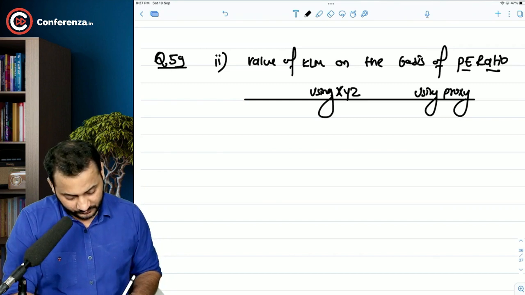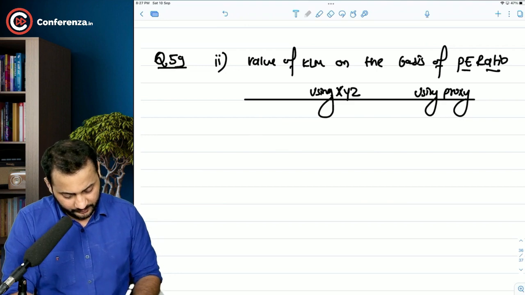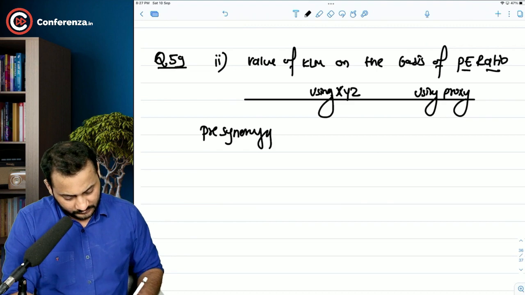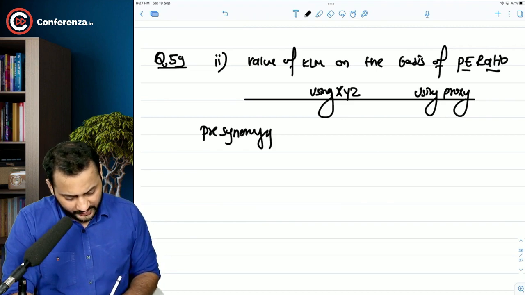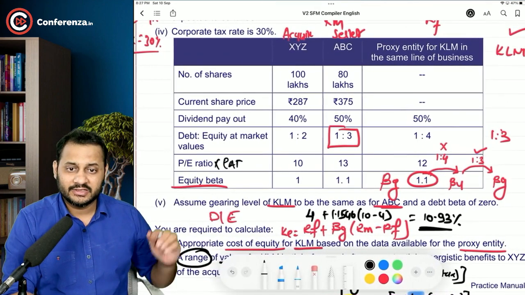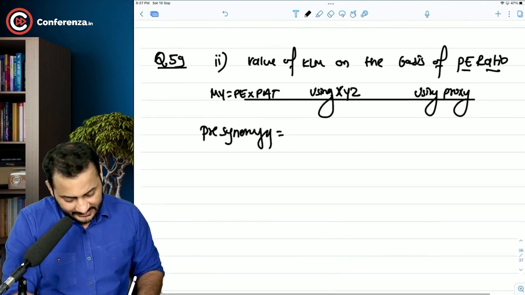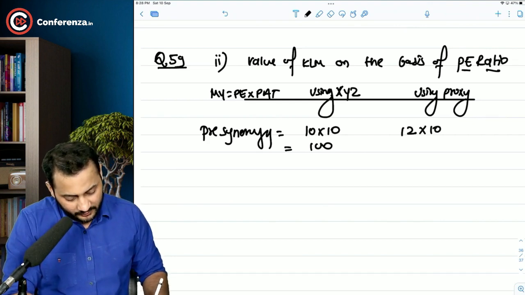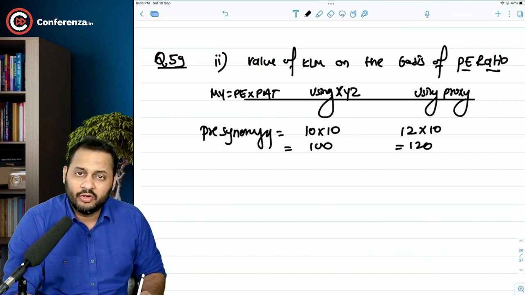So, market value, this will be pre-synergy. What is the formula for PE ratio? Market value is equal to PE ratio into profit after tax. What is the PE ratio of XYZ? It's 10. So we can easily say that 10 multiplied by 10, 100 will be the value of KLM. But if we use the proxy's PE, 12 multiplied by 10, 120 will be the value of KLM.